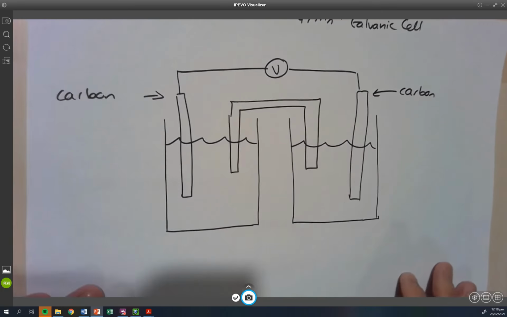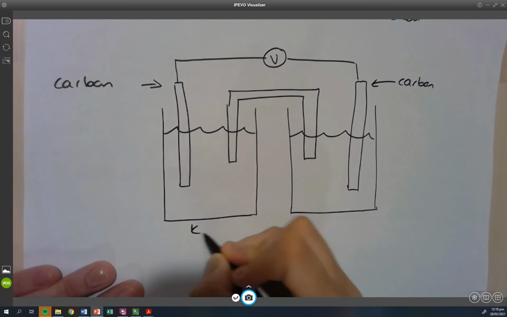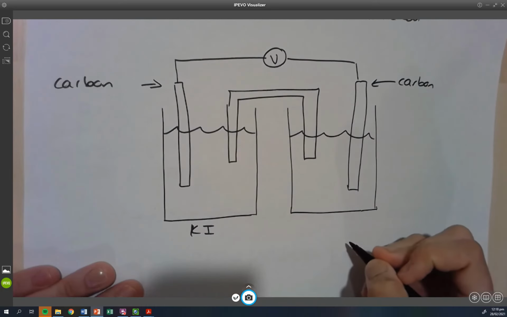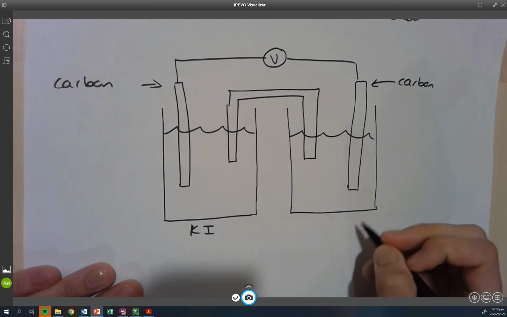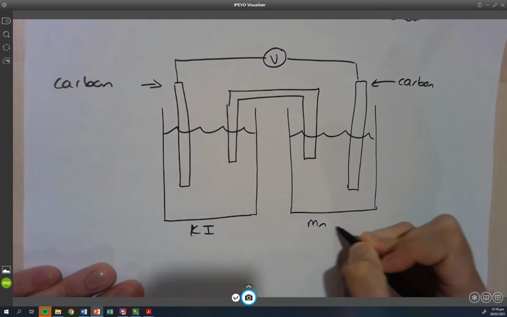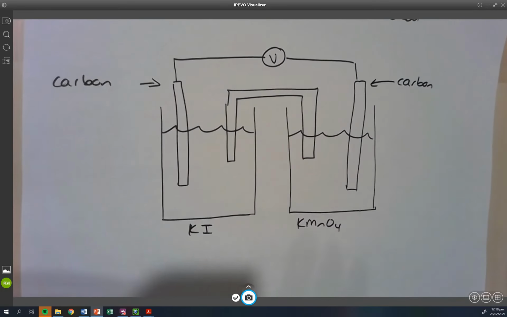And the way I'm going to distinguish the solutions is that in this solution, we're going to have the potassium iodide. And in this solution, we will have potassium permanganate as what's been dissolved.